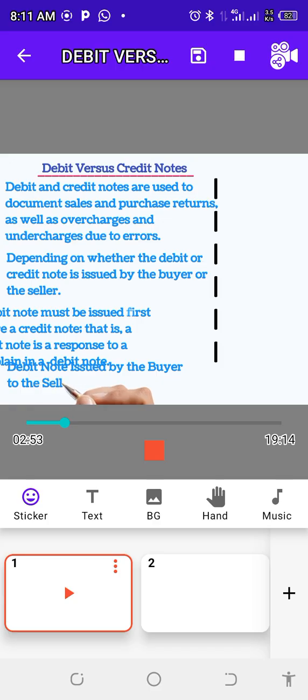Now we want to examine a debit note issued by the buyer toward the seller.